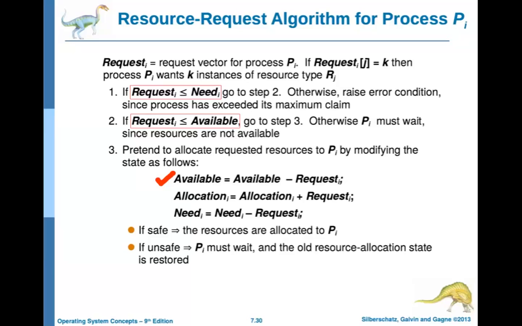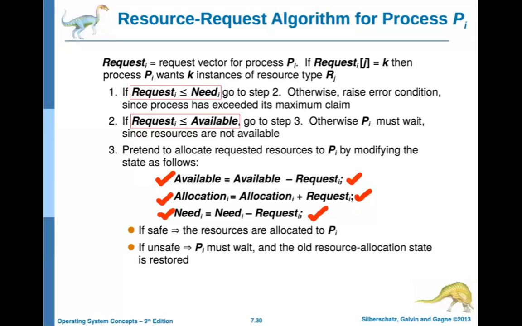Next, the allocation of that process has to increase. So available resources are reduced and they are added to the allocated resources of Pi: Allocation of i equals Allocation of i plus Request of i. And the additional demand, that is the Need of process Pi, has to be subtracted.